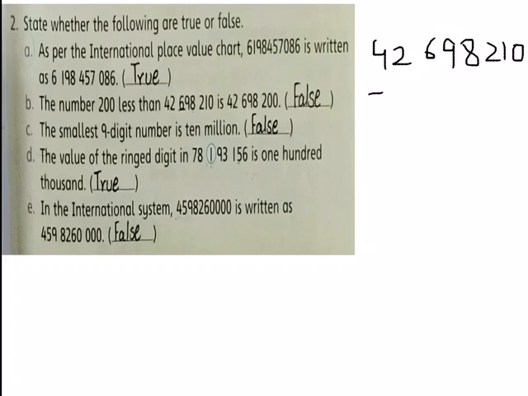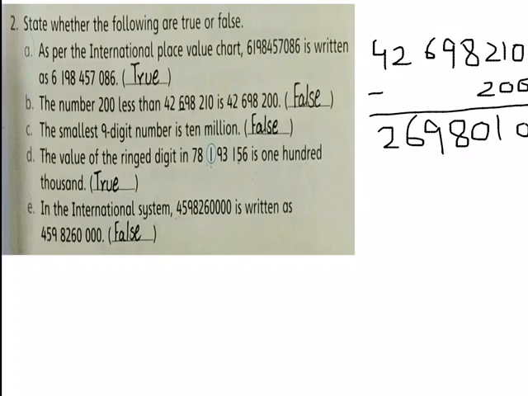Now we will subtract 200. 0 minus 0 is equal to 0. 1 minus 0 is equal to 1. 2 minus 2 is equal to 0. And 8 as it is, 9, 6, 2, 4. So the answer will be 42,698,010. So the statement is false. Understand?